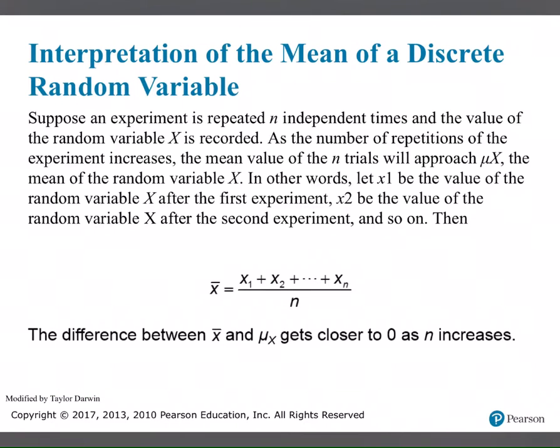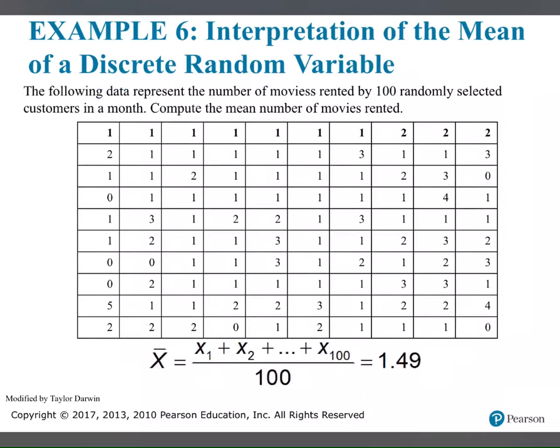So remember how we found mean normally? We added up all the X values and divided by however many there are. The process is still the same, except now we're given a probability distribution. And so on the next slide, I'm going to show you why this would end up being the same answer. So let's say I had 100 Netflix customers before I put it into a probability distribution.